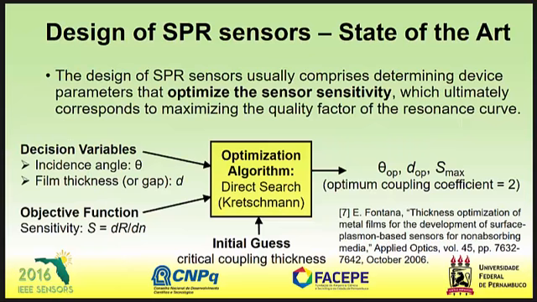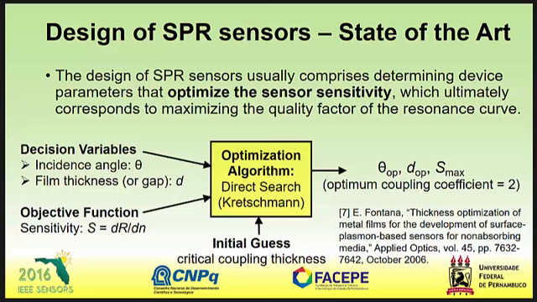So in order to design an SPR sensor, we need to optimize the parameters of the sensor to maximize the sensitivity, which ultimately corresponds to maximizing the quality factor of the resonance curve. In 2006, Fontana presented a systematic methodology to optimize those sensors using a direct search algorithm for Kretschmann configuration SPR sensors.